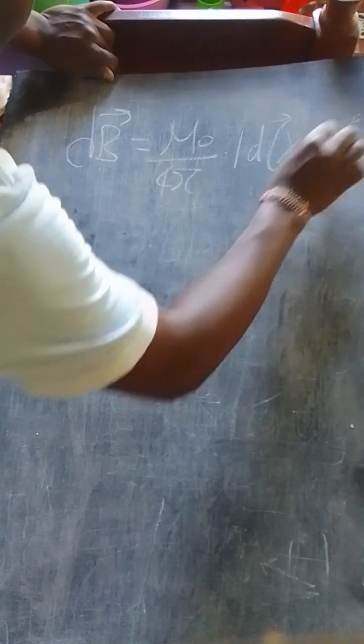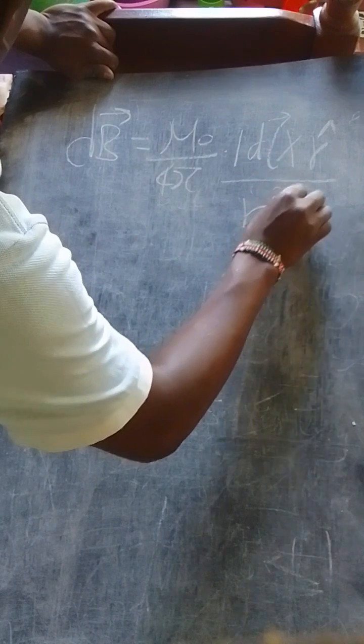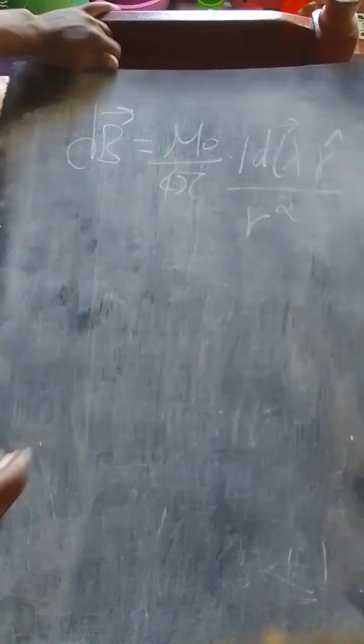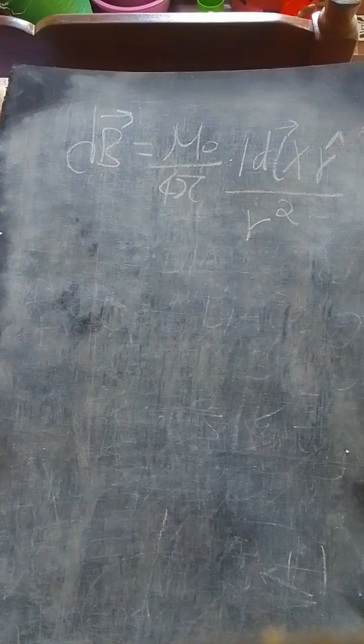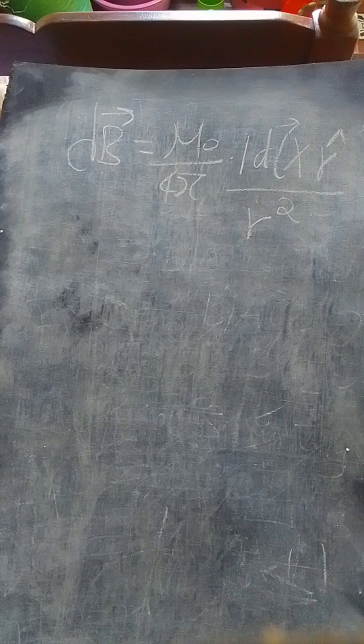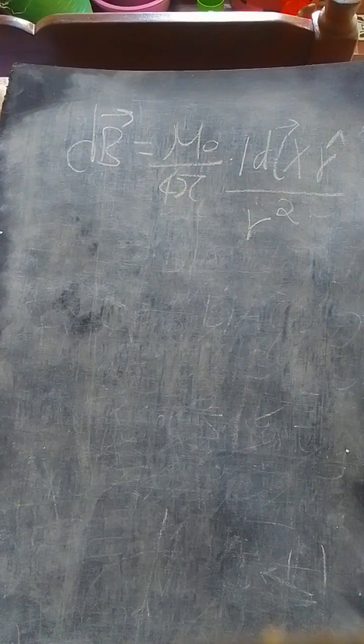This is showing that this is the unit vector, and the unit vectors are in 3 dimensions. Remember, r represents it is in the 3 dimensions.